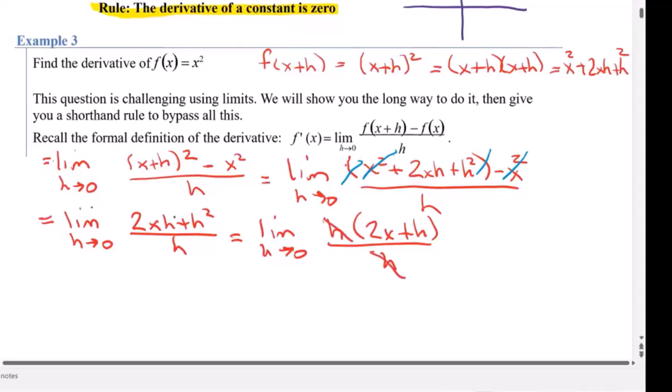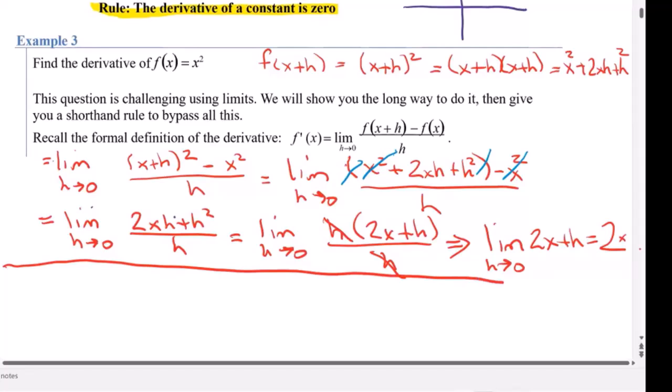I can cancel my h's, and I get that the limit as h approaches 0 of 2x plus h equals 2x. So what does that tell me? Well, it basically tells me what the derivative of x squared is, but we have a more general rule.